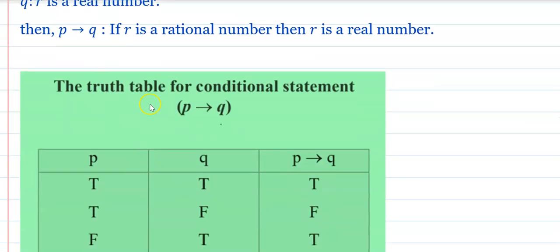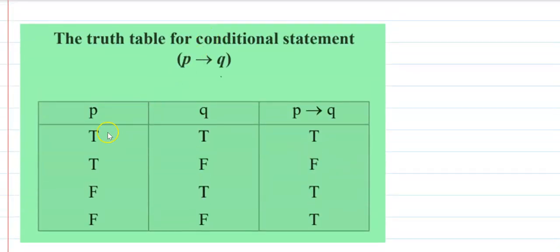Next, the truth table for the conditional statement. Okay. P implies Q. Again here also, for P the two truth values are, at the start, double T double F, and for Q what will we take? We will take TF. Now, if you want to remember this table, if both are the same then it is true. T implies T, F implies F, both are true.